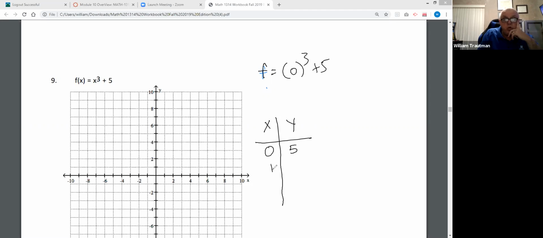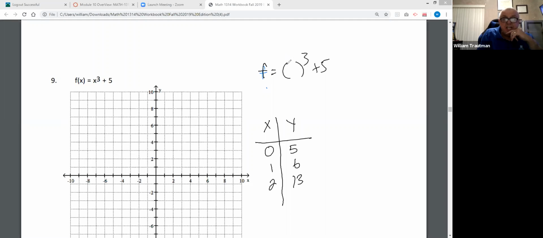Then I'll put a 1 in there. One to the third power is 1. 1 plus 5 is 6. I'll put a 2 in there. 2 to the third power is 8. 8 plus 5 is 13. We're off the chart already. Our chart only goes to 10.